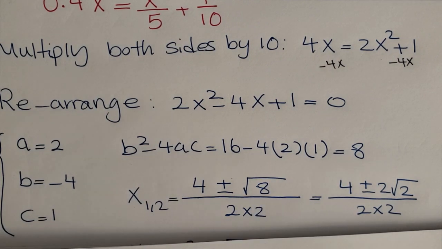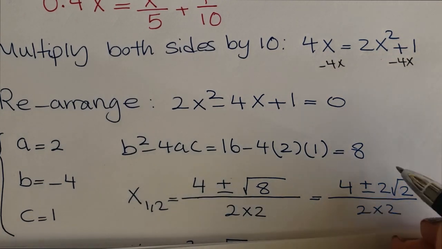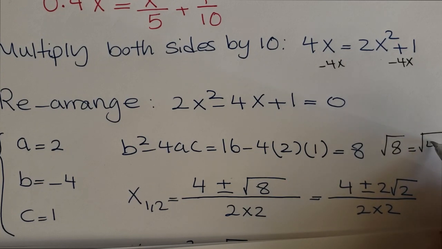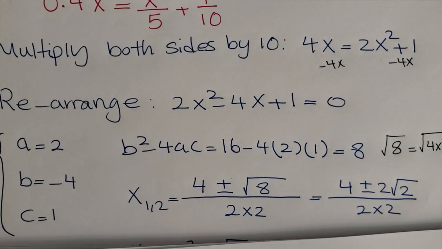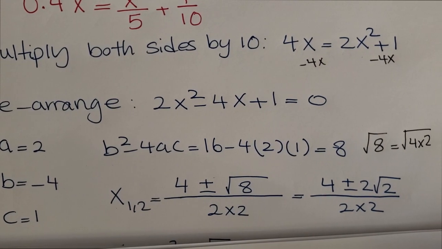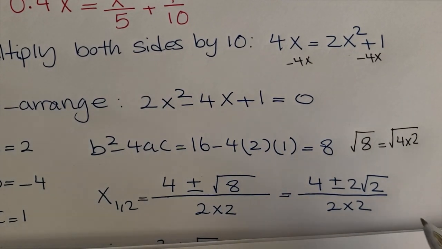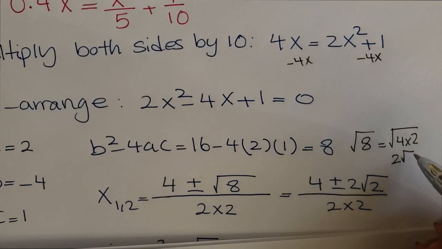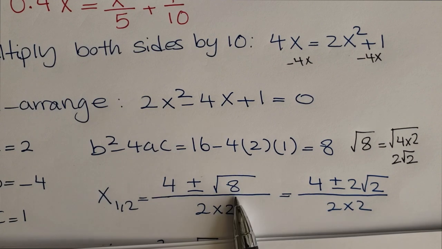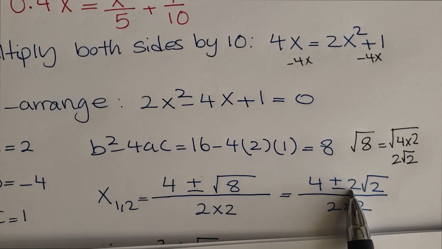So as you know, 8 is 4 times 2, okay? And then radical of 4 times 2 can be broken down into 2 radical 2, right? So this is what I did here. Instead of radical 8, I just substituted 2 radical 2.